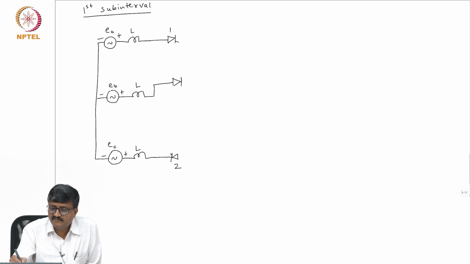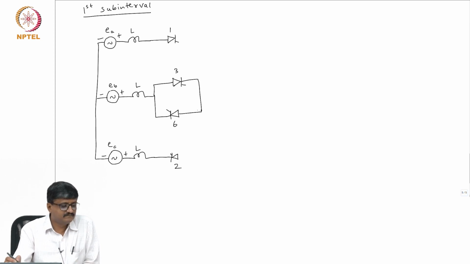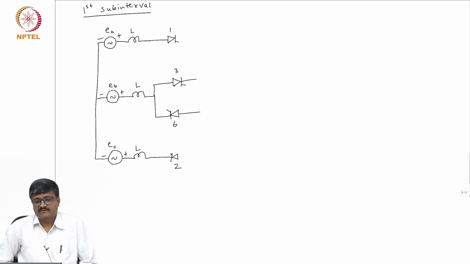So, this is valve 3 and this is valve 6. Oh, sorry, I should not short. The anode of 3 is connected to the cathode of 6.